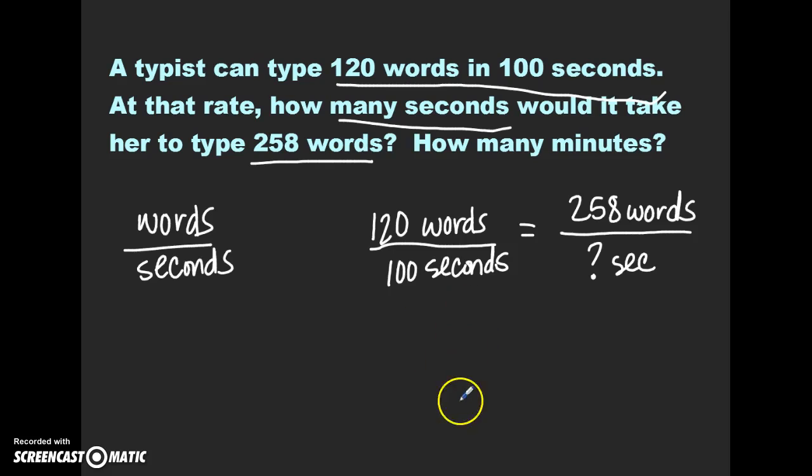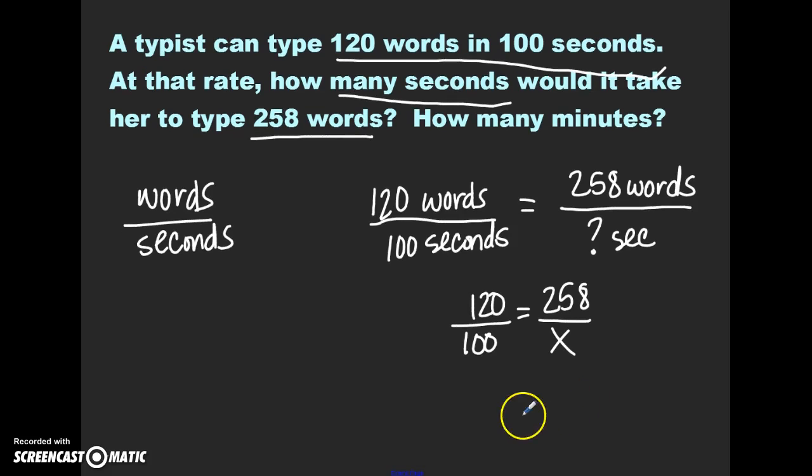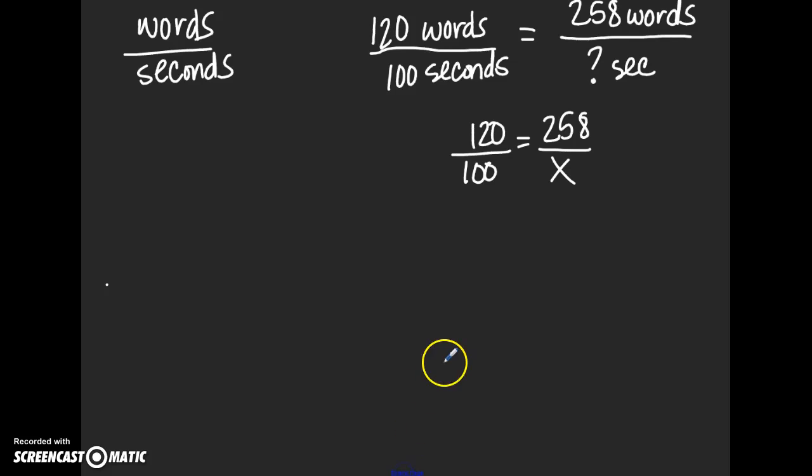Okay. So now let's put that into a cleaner looking proportion using a variable, not a question mark, something that we can now solve. So 120 over 100 equals 258 over x. So now if I cross multiply, one diagonal here, 120 times x, my other diagonal, 258 times 100.